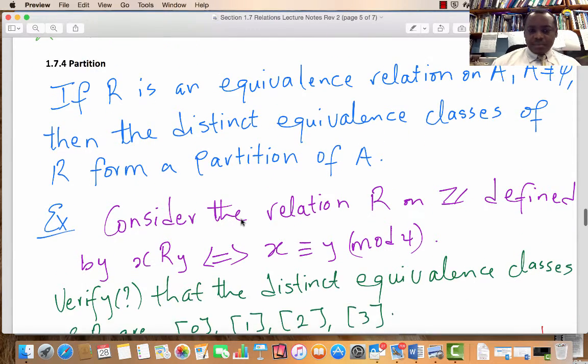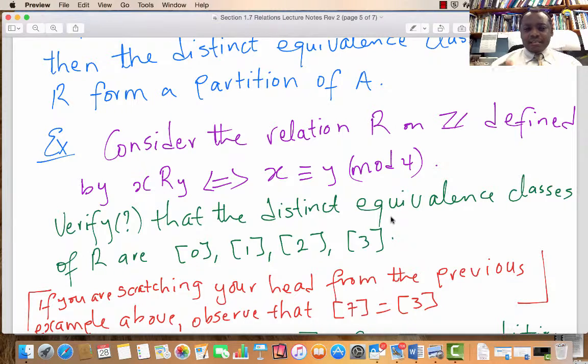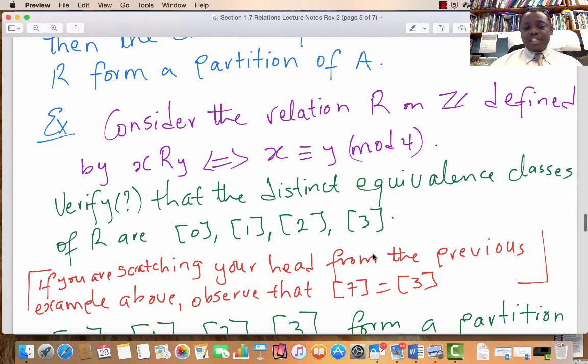Let's consider this example. Consider the relation R on Z defined by x related to y if and only if x is congruent to y mod 4. Remember this same problem above when I asked you to find all the distinct equivalence classes of the relation R. As a matter of fact, the distinct equivalence classes are 0, 1, 2, and 3. If you're wondering, did we not just find the equivalence class of 7?